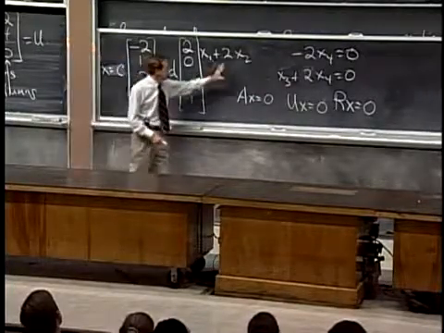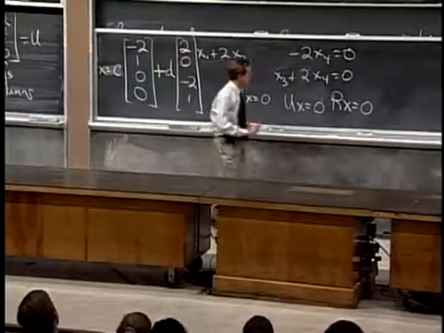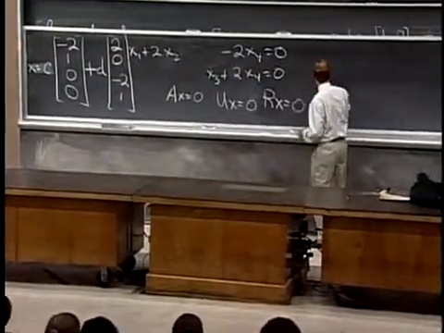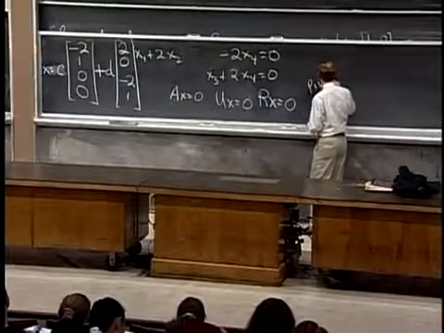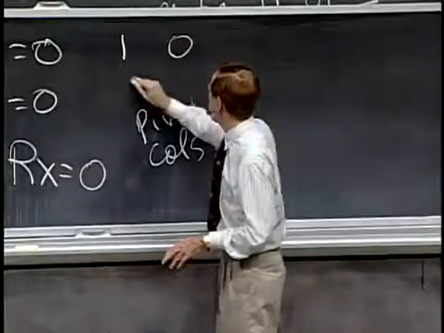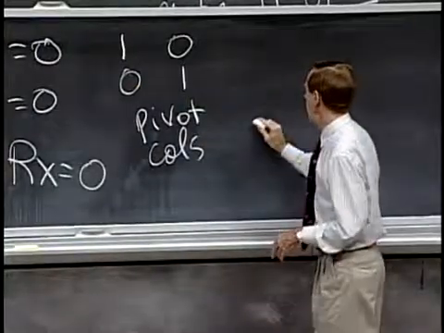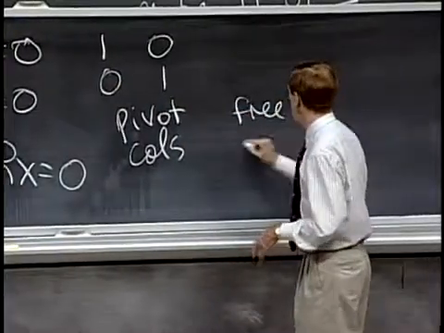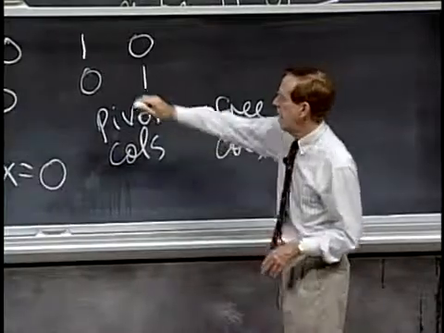I guess what am I seeing here? Let me separate this out. I'm seeing in the pivot columns, if I put the pivot columns here, I'm seeing those. And in the free columns, what am I seeing?